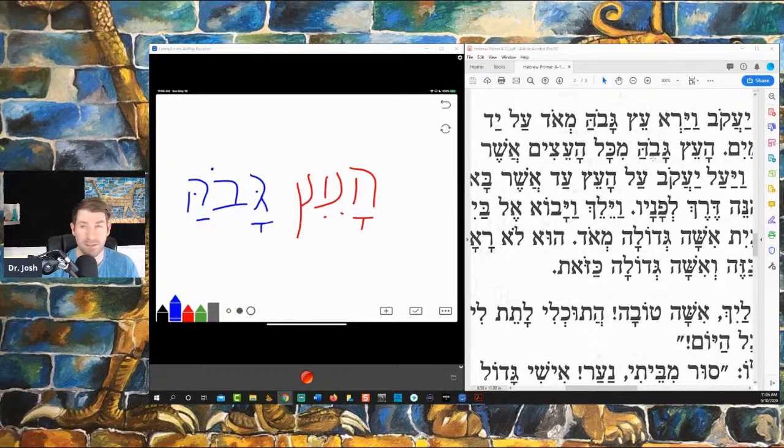Okay. So what does that tell us? This is acting as a predicate adjective. So if it were an attributive adjective, if it were trying to say the tall tree, it would have to be ha gavoa, ha'etz hagavoa. In order for them to go together like that, you'd have to have the definite article and the definite article.